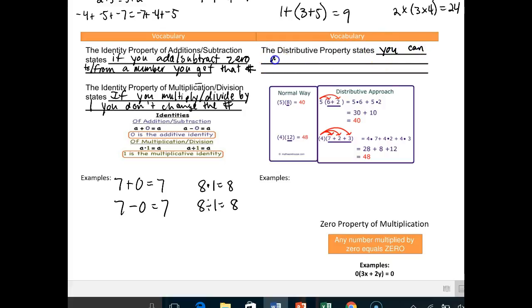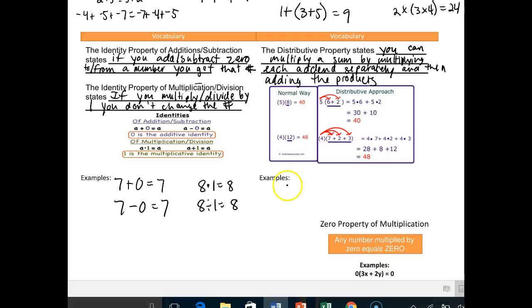Finally, the distributive property here is you can multiply a sum by multiplying each addend separately, and then adding the products.